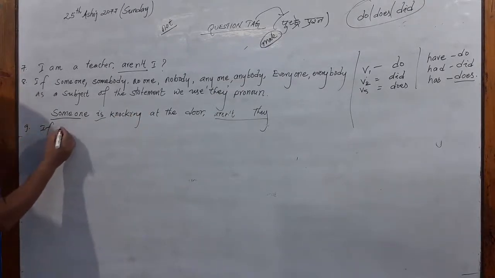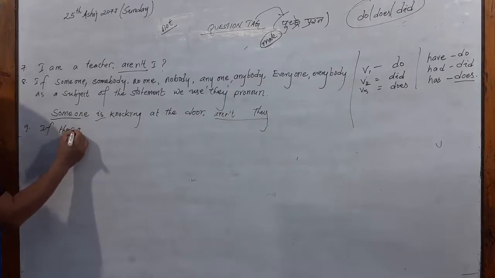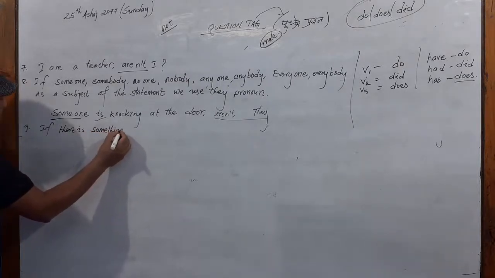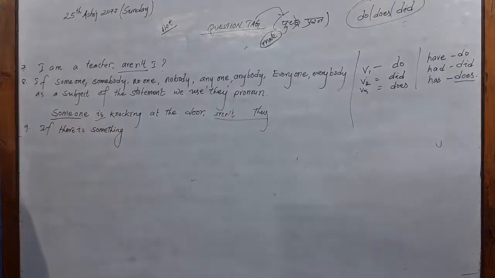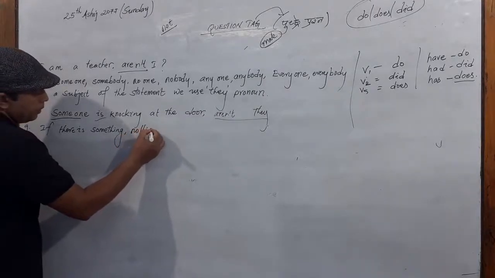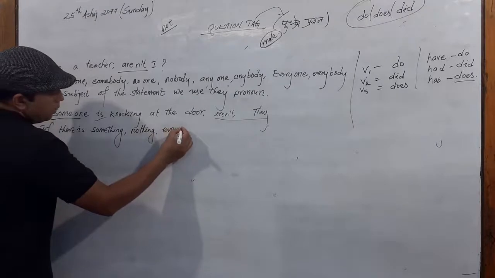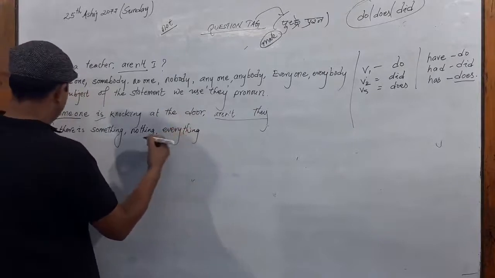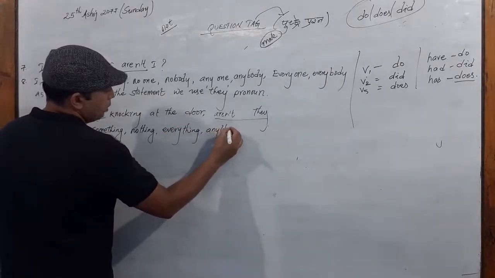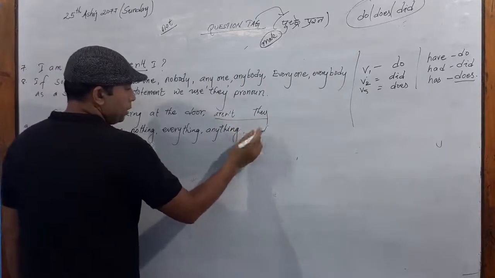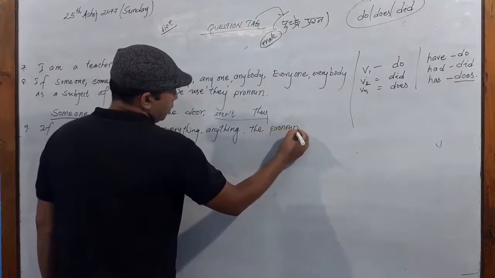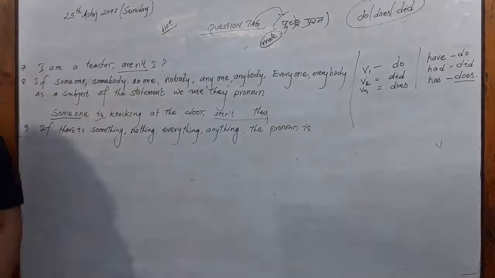If in place of someone, there is something, nothing, everything, or anything, then what will be the pronoun? It.